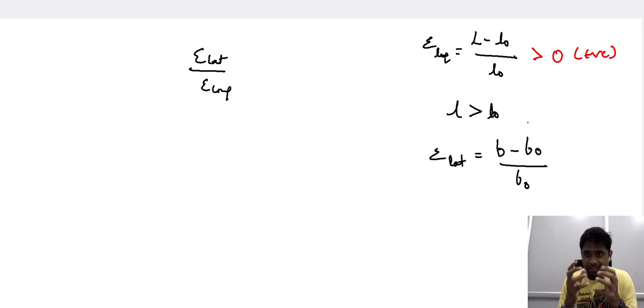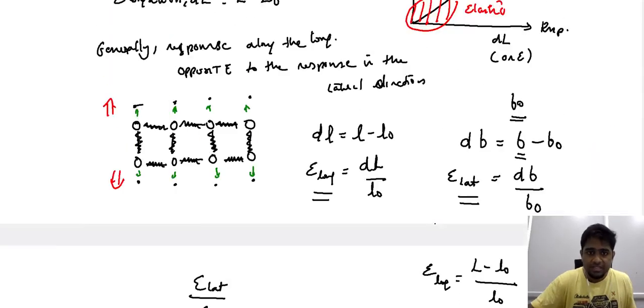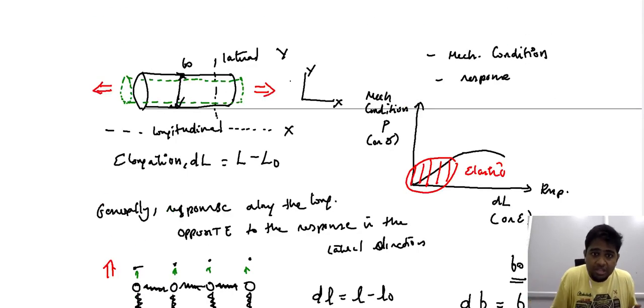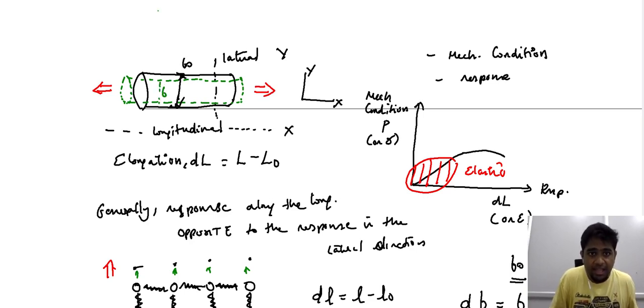However, there is a key difference: when you consider the lateral strain alone, what we observe is the lateral strain that accompanies the longitudinal strain. Here the dimension of the sample along the lateral direction tends to decrease when compared to its original dimension. In the original instance, we have the lateral dimension B0, but after imposing the loading, we end up having B, and this B is less than B0.